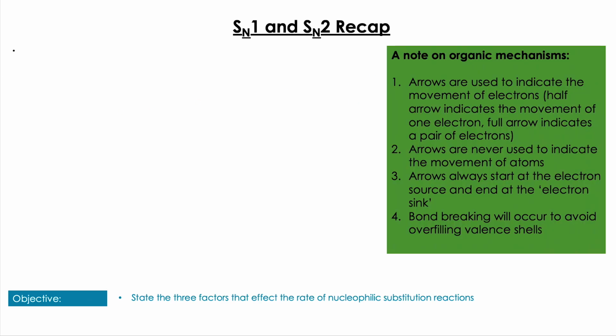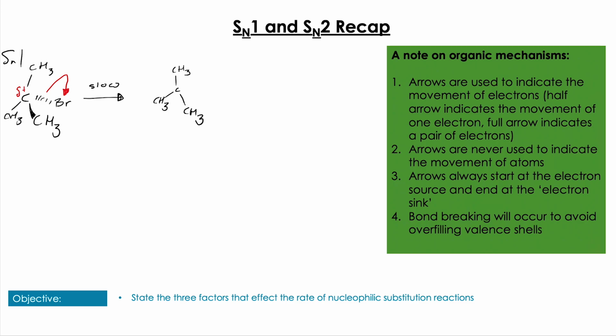Before we get stuck in then, quick recap. For SN1 reactions, we usually require a tertiary halogenoalkane because a tertiary halogenoalkane allows the heterolytic split of the polarized bromine in this case, but it could be any other halogen bond, which allows the formation of the carbocation intermediate.